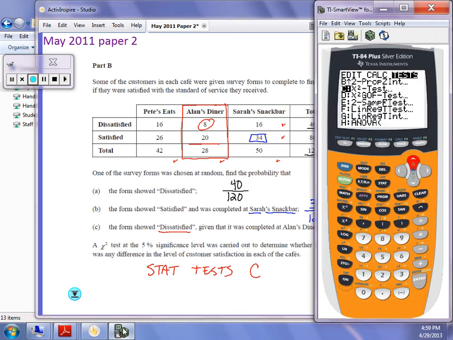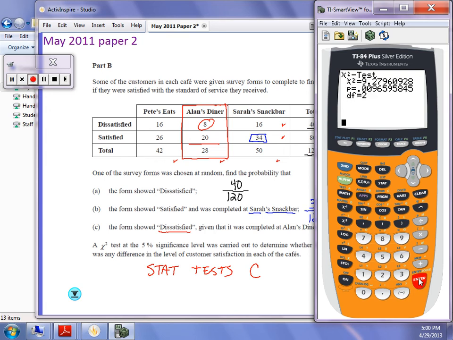And after you do that, you're going to see that it says observed values A. And what you're going to do is just hit enter. That tells the calculator, yes, I put my observed values in A. Next, your cursor will go down to where it says expected values B. And what it's asking you is, do you want me to put the expected values in B? Just hit enter again, which says yes, and then hit enter a third time for calculate.